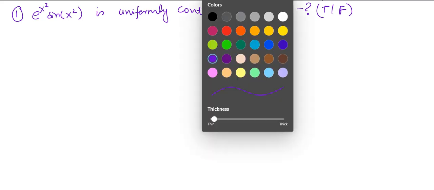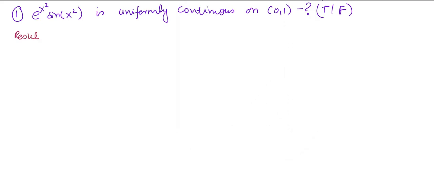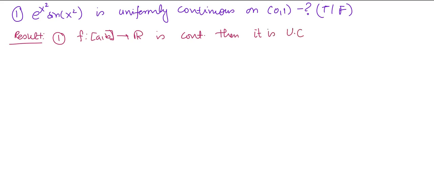For this question, let us recall some very useful results. The first one is that if a function from the closed interval a to b to R is continuous, then it is uniformly continuous.